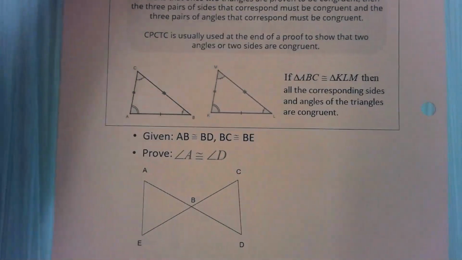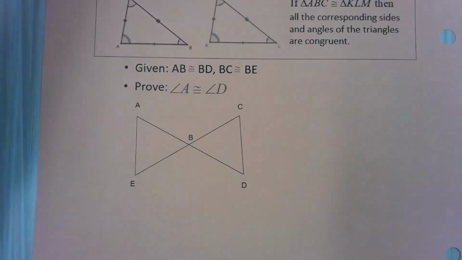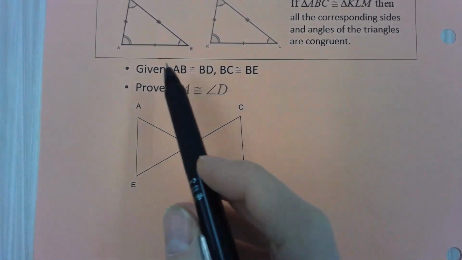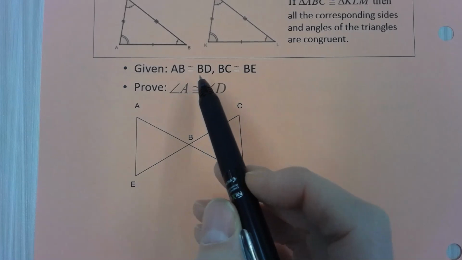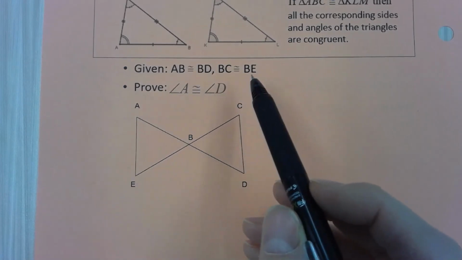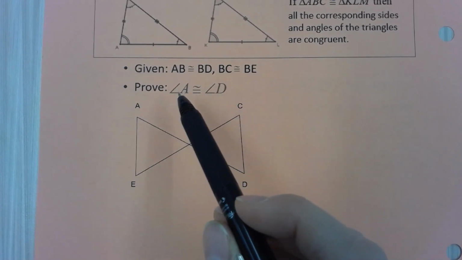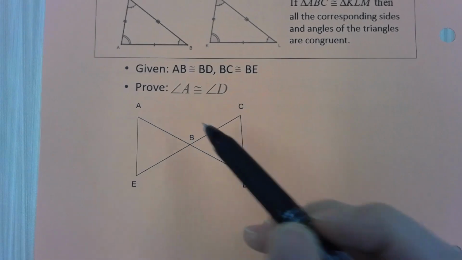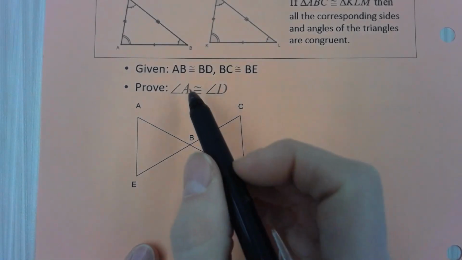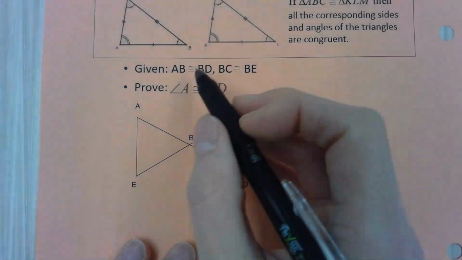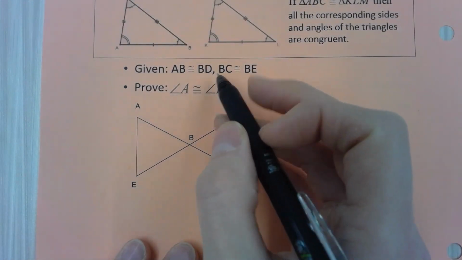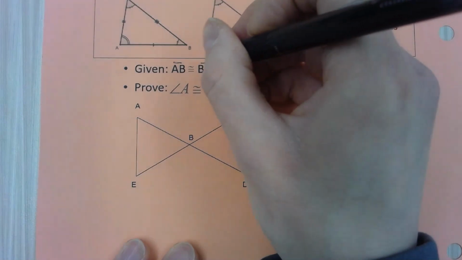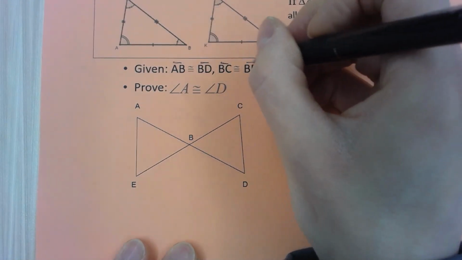So if I'm given these two triangles, I'm given that we have a pair of sides that are congruent, we have another pair of sides that are congruent, and I'm trying to prove that these angles are congruent. Well, let's see what we can pick up here just by putting some markings on our picture. So AB is congruent to BD, and really there should be segment symbols above there.